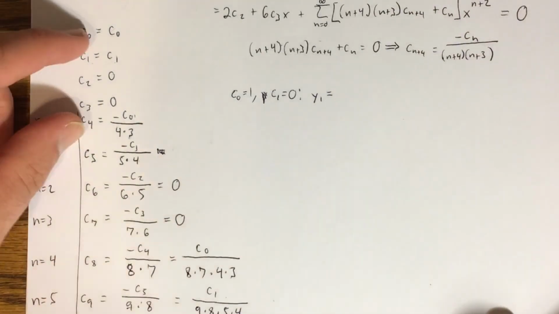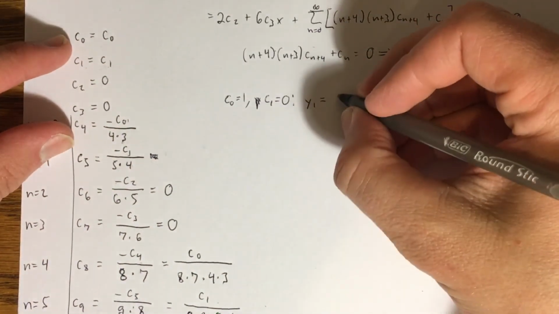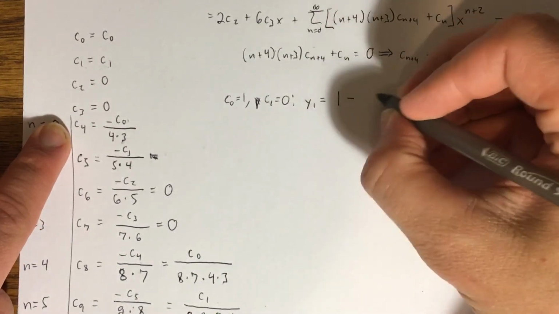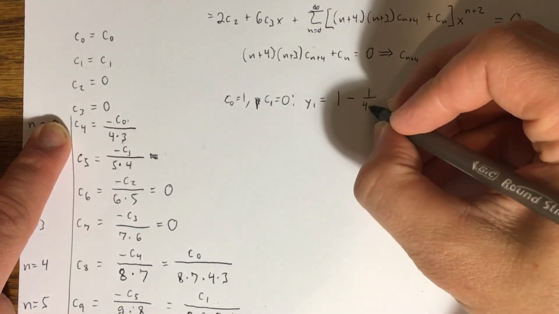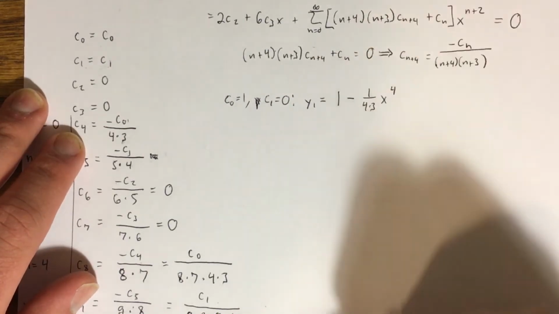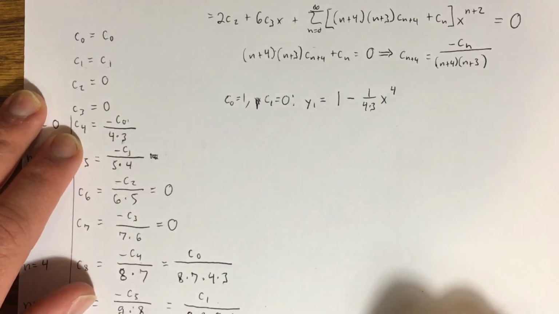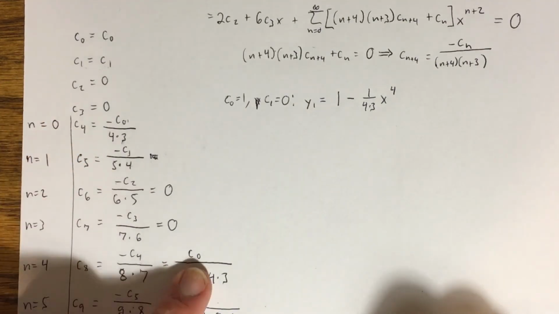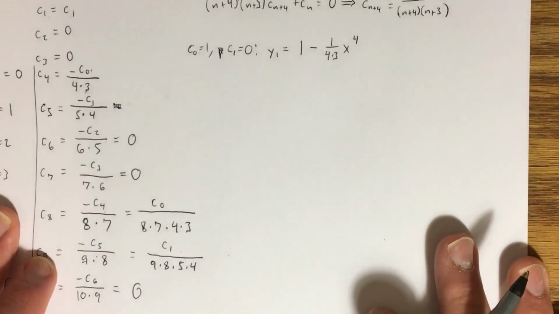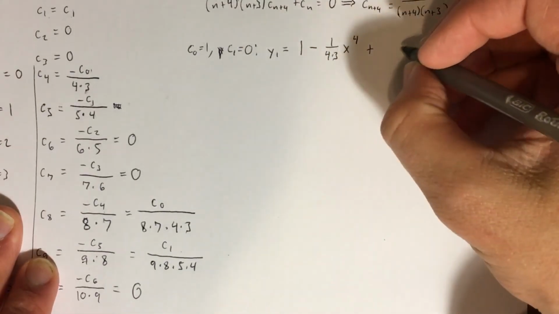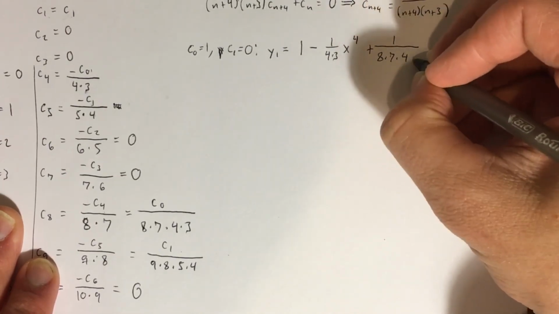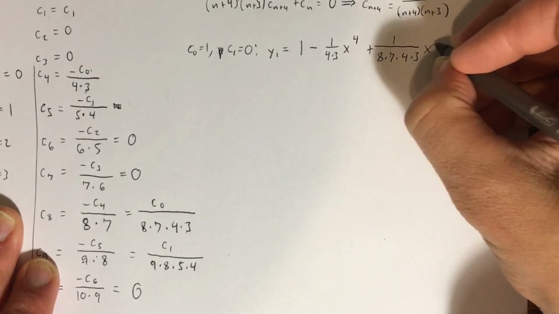Let's find all the C0s. I'm going to have a C0 here, which is equal to 1. I have another C0 right here, which is equal to minus 1 over 4 times 3. Now remember, that's C4, which was my x to the 4th term. Then the next C0 that appears is down here. It's my C8, and that's going to look like plus 1 over 8 times 7 times 4 times 3 x to the 8th.